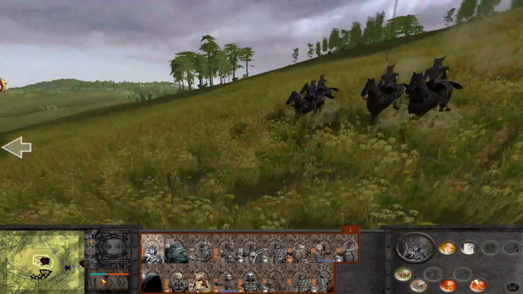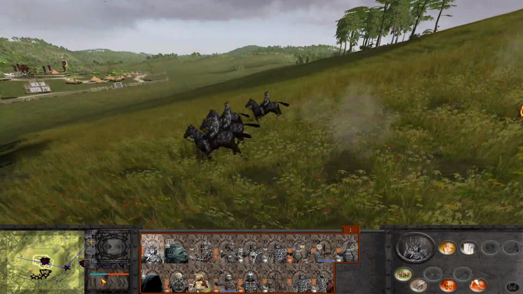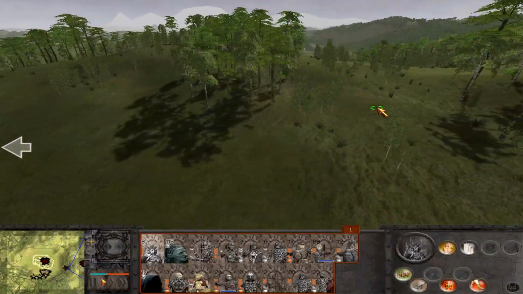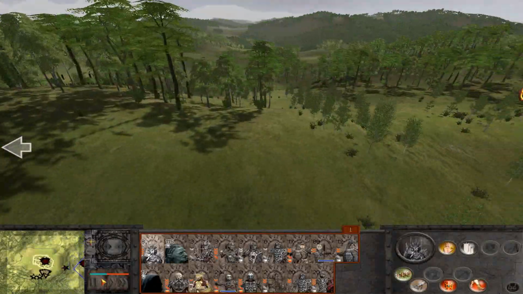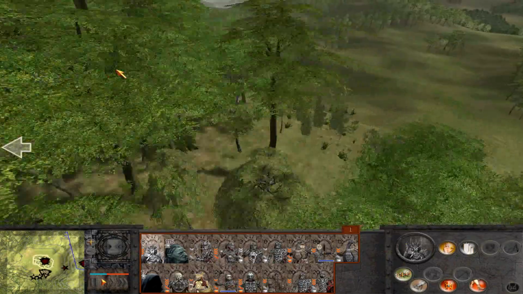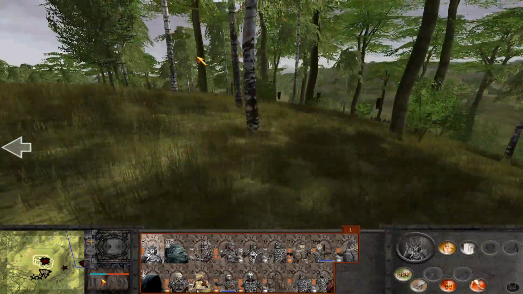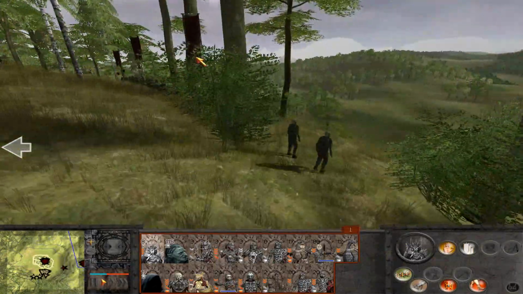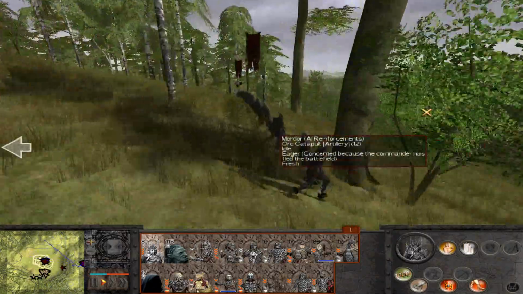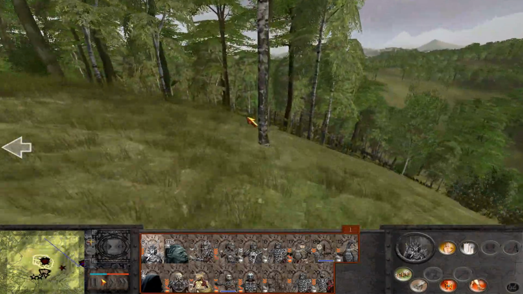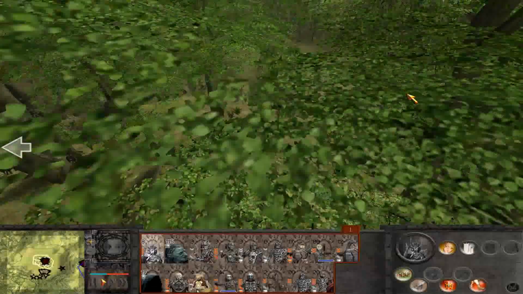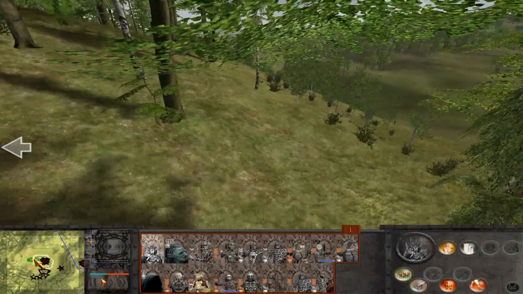Nazgul here. There are very few. No black guards, actually a remnant force. Black guards in the army. So we're here. Seem to be marching the wrong way, those orcs. Be slightly glitched.